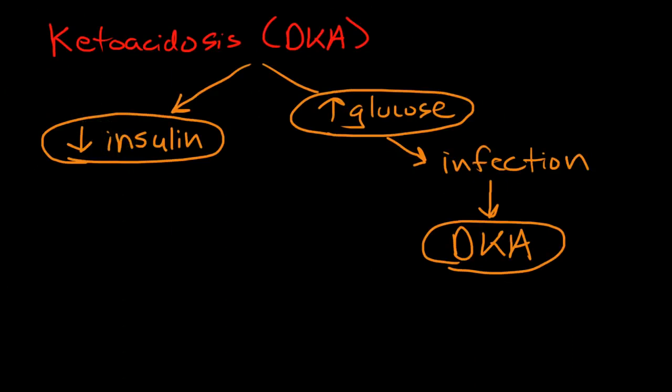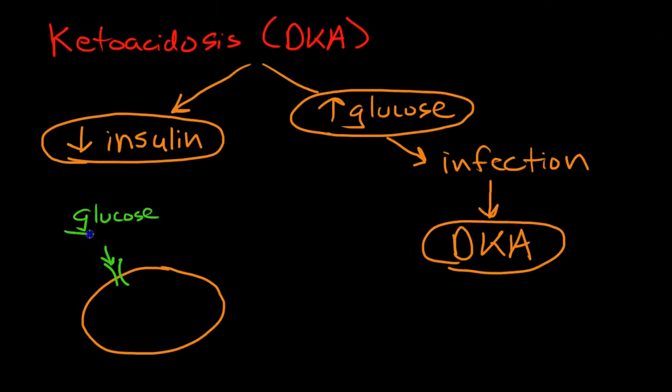So what happens is, without insulin, our glucose transporters can't let glucose in. So we have plenty of glucose in the bloodstream, but it can't get into the cells, right? So if it can't get into the cells, two things happen.